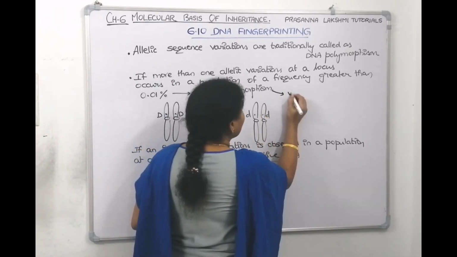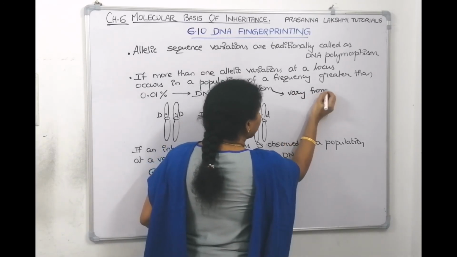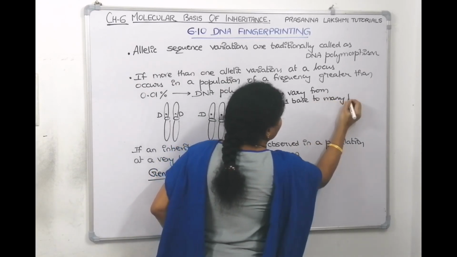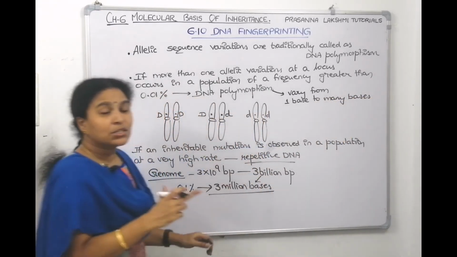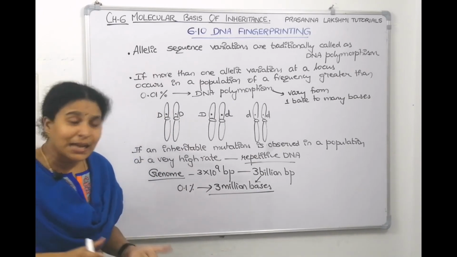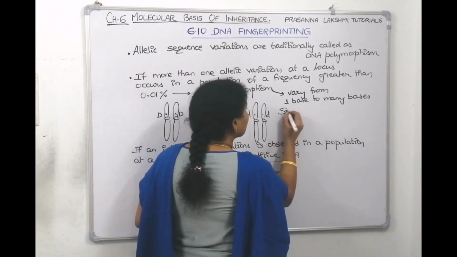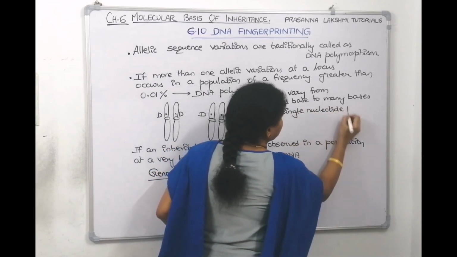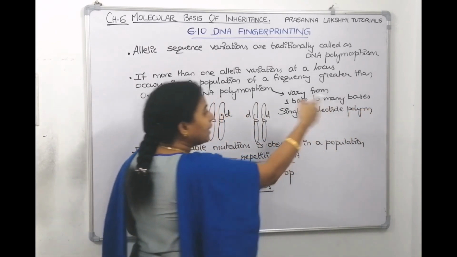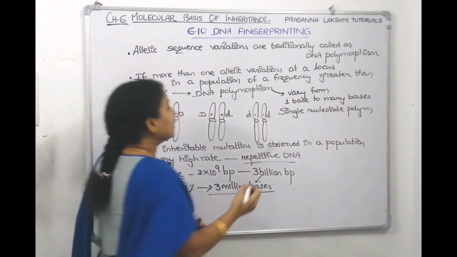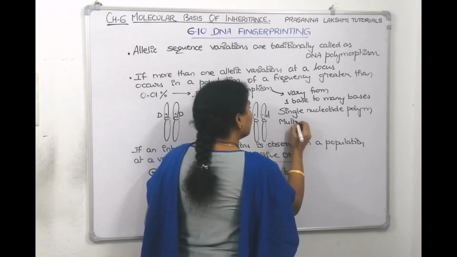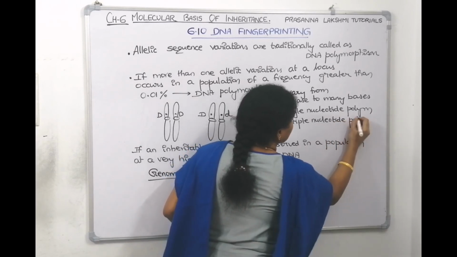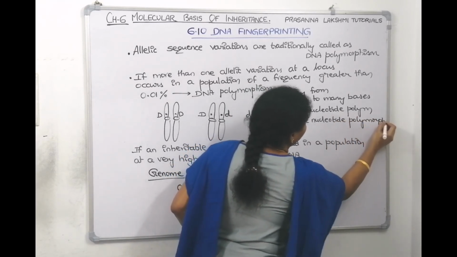Polymorphic DNA varies from one base to many bases. From one person to another, they vary by single nucleotide polymorphisms, where one base differs. If they vary by many bases, that is called multiple nucleotide polymorphisms.